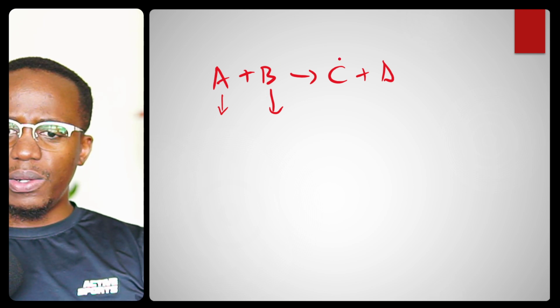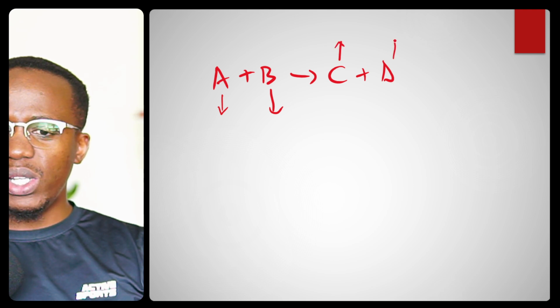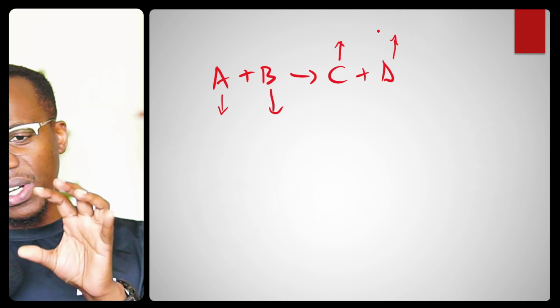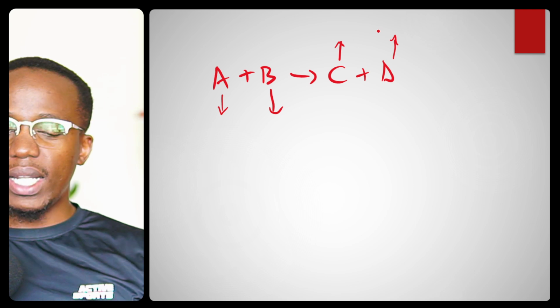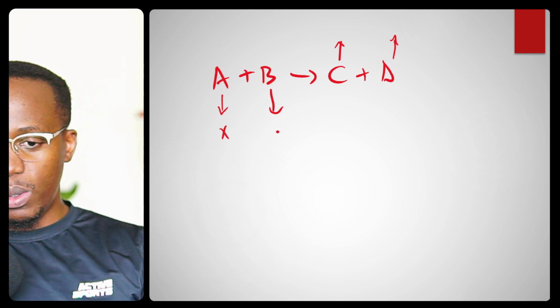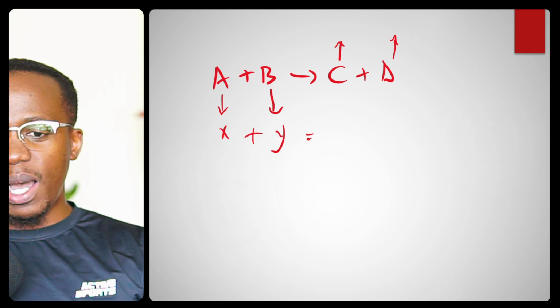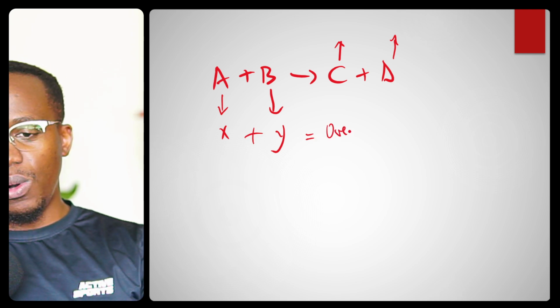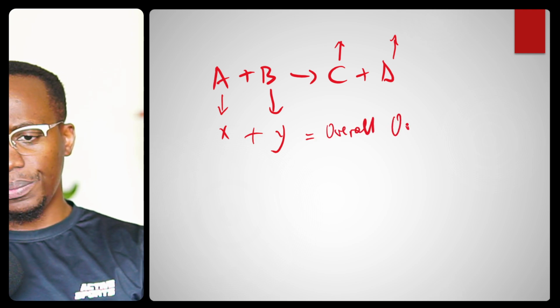And the same thing, the rate of appearing of C is not the same as the rate of appearing of D. These are different chemicals. So we're going to have the order with respect to A, and the order with respect to B, and when you add them up, you get the overall order of the reaction.